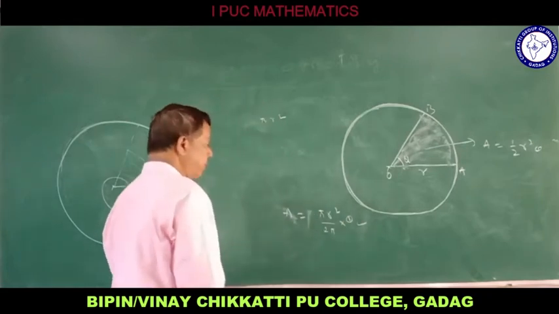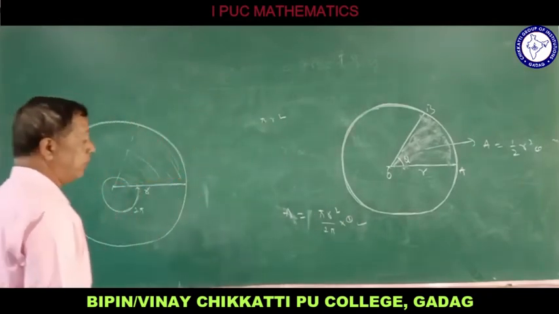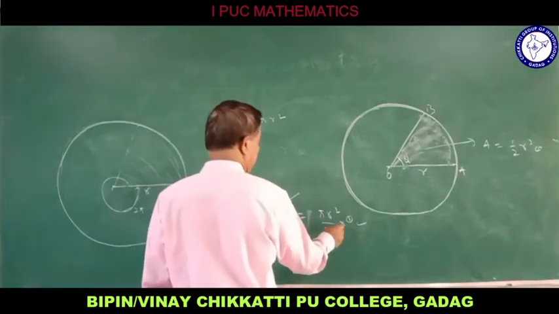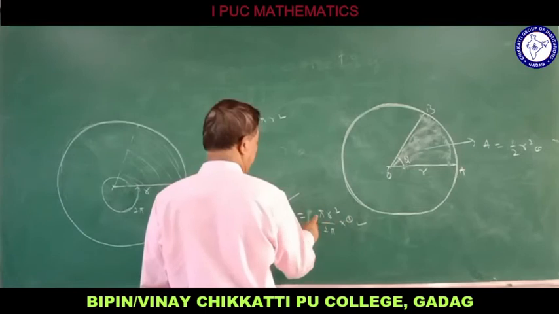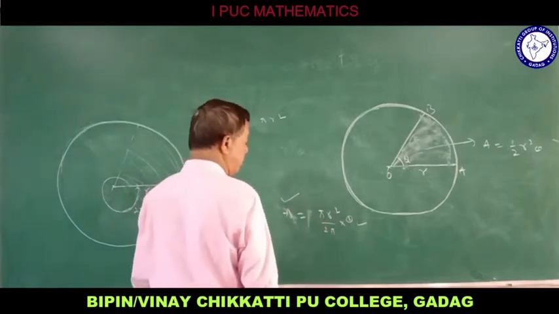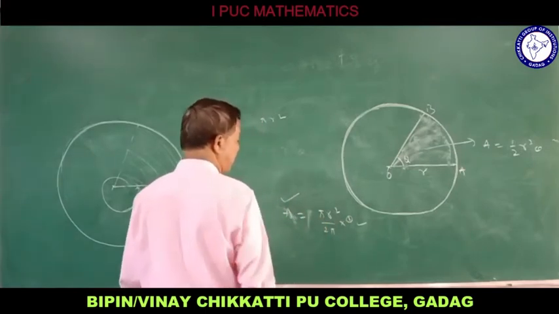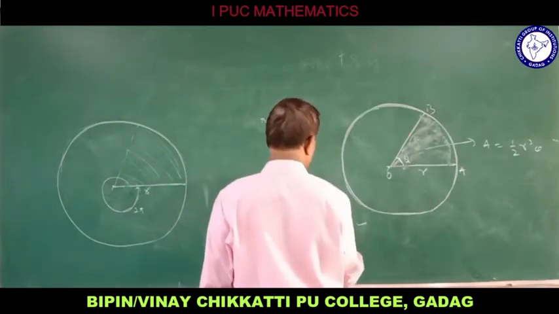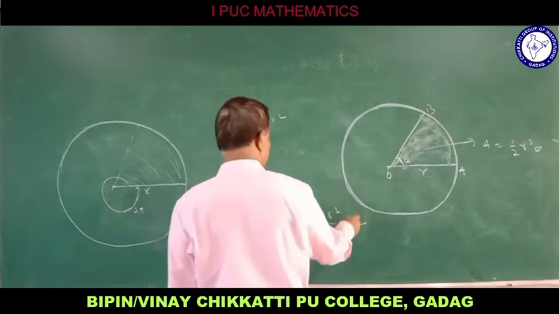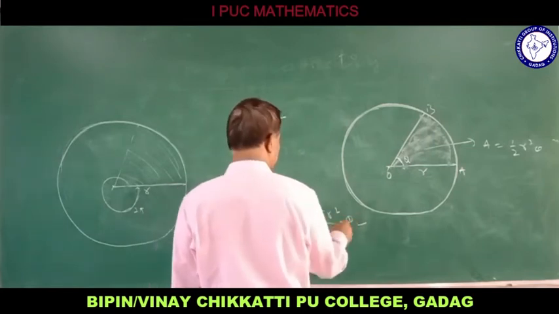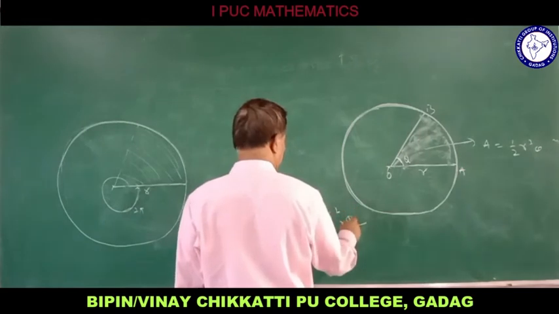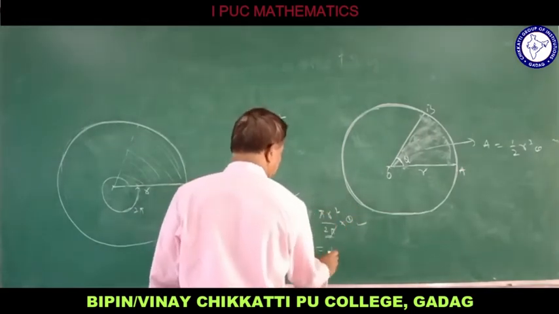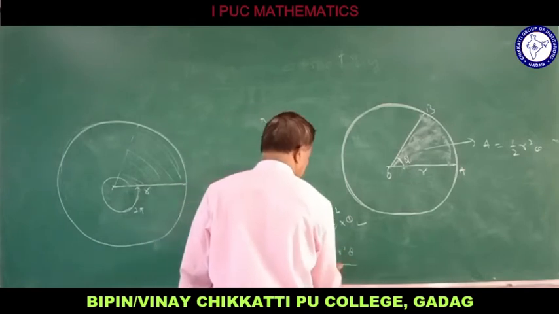The full circle has area pi r square, and for only the part with angle theta, the area is theta by 2 pi times pi r square. Cancelling pi, the answer is 1 by 2 r square theta.